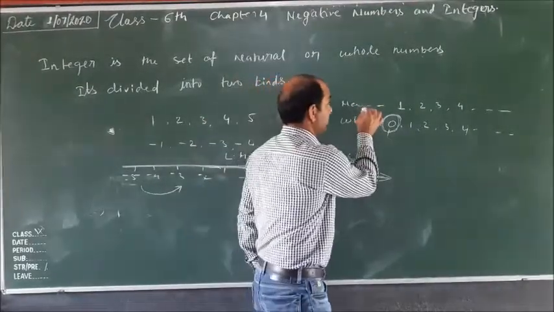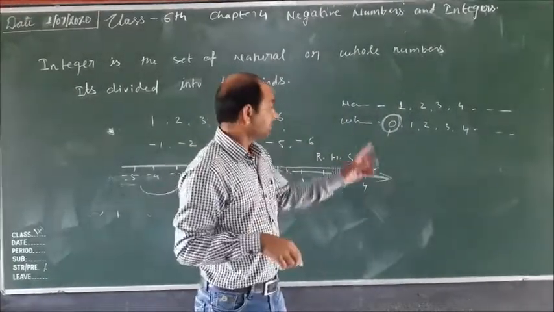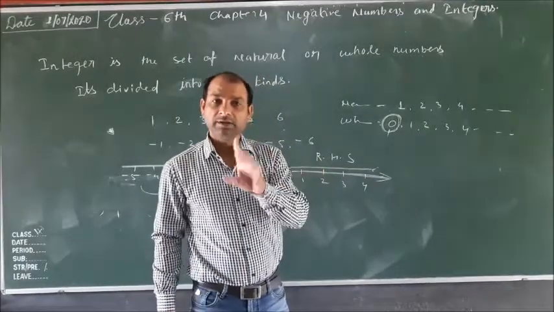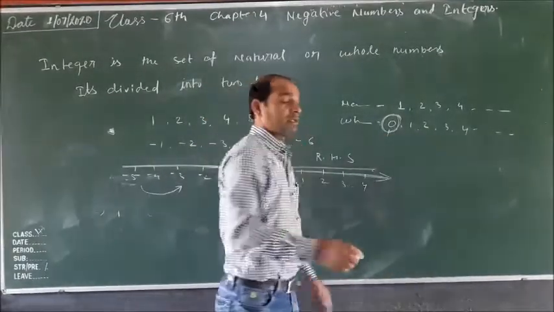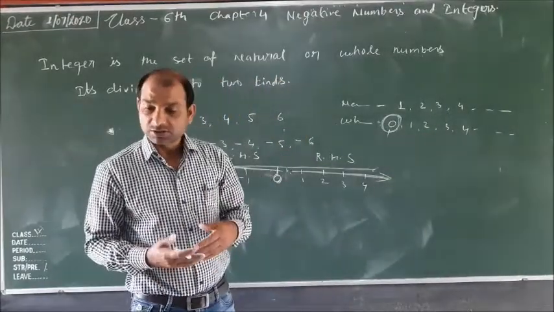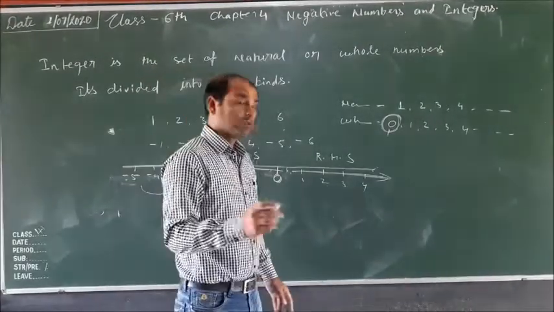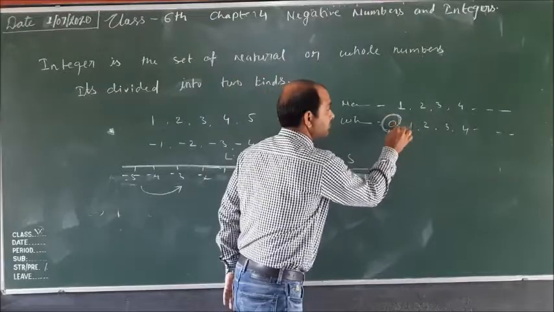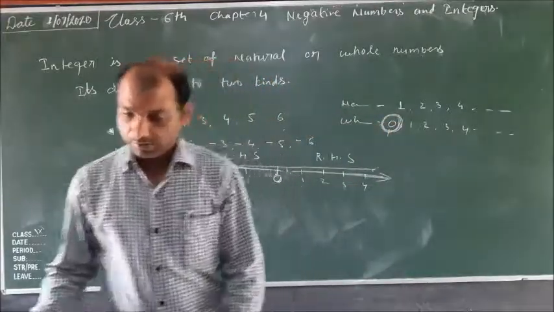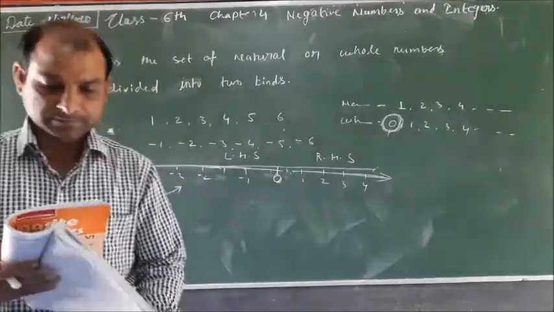All natural numbers are positive integers, but whole numbers include 0, which is neither positive nor negative. So this statement is false. So this question number 1 is completed, dear students.